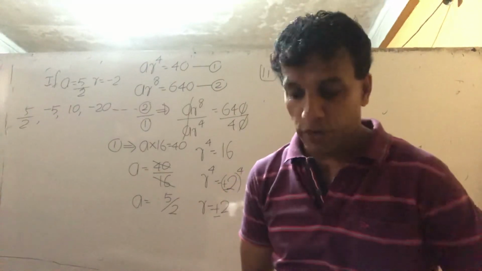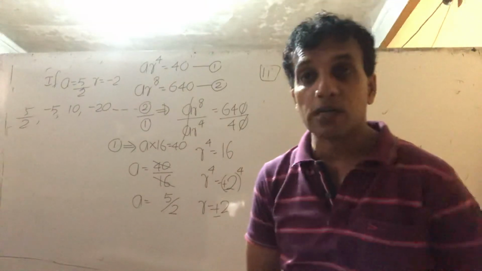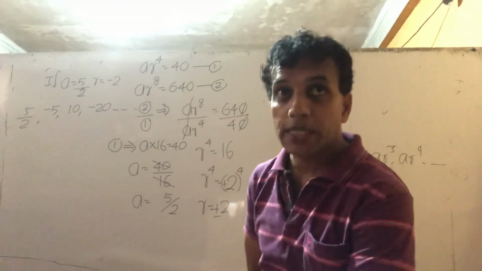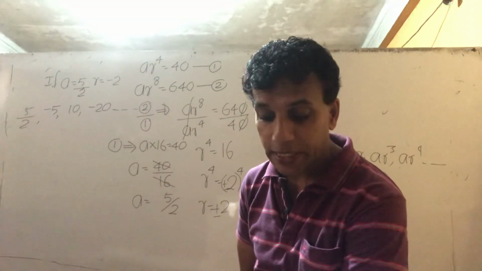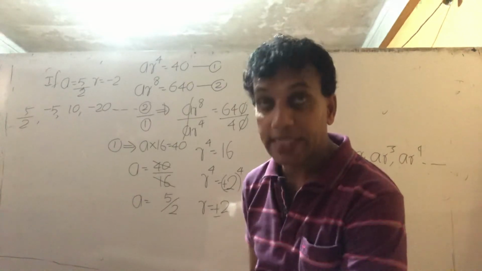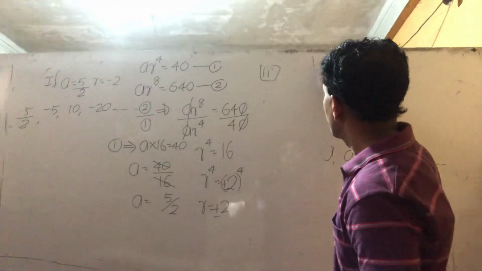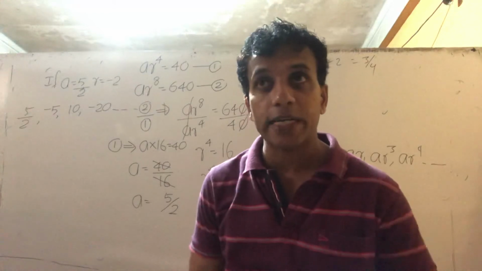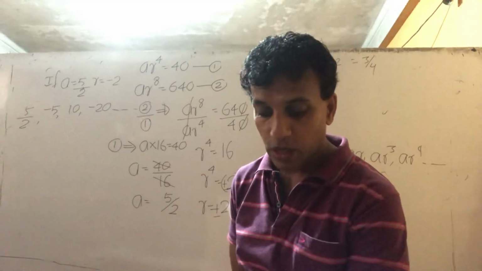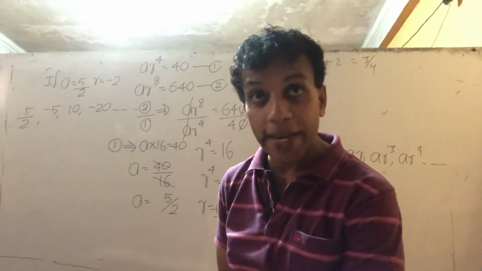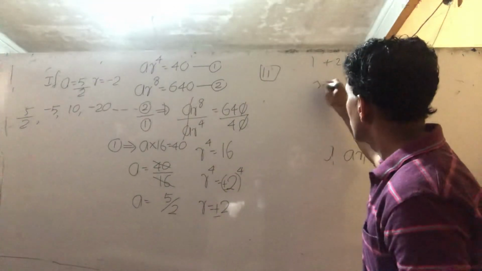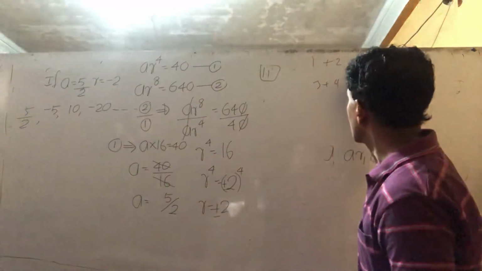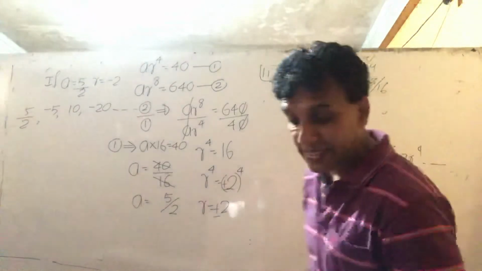Write this. The sum of the first term and the second term of a GP is 3/4, and the sum of the third term and the fourth term is 3/16.